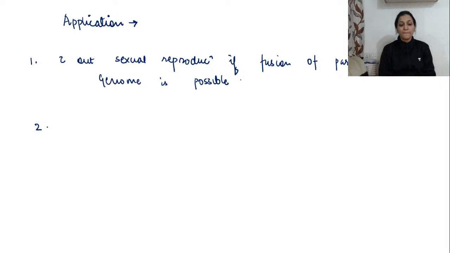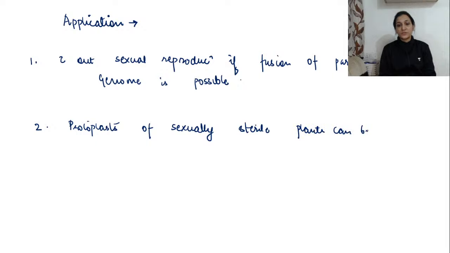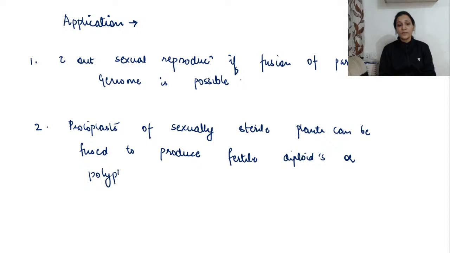Then protoplasts of sexually sterile plants can be fused to produce fertile diploids, or polyploids can also be obtained.